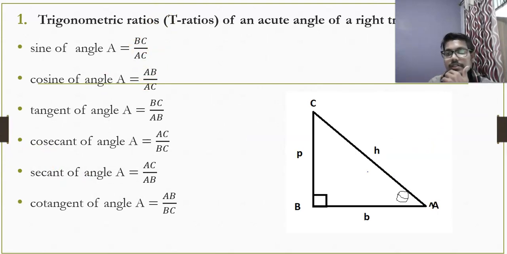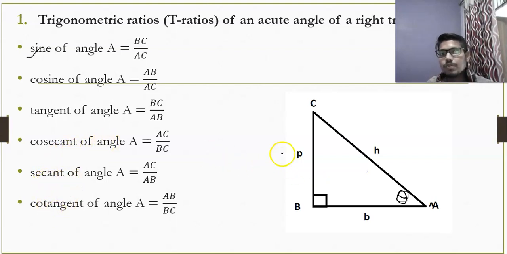Trigonometric ratios in a right angle triangle. Here I will consider this as angle theta. In trigonometry, generally we take the angle as theta. Theta is just a variable which changes when we put the values of any angle. There are 6 ratios basically. They are sine, cosine, tangent, cosecant, secant, and cotangent.